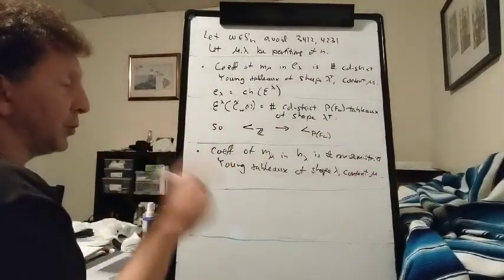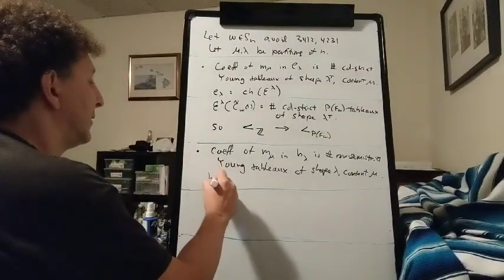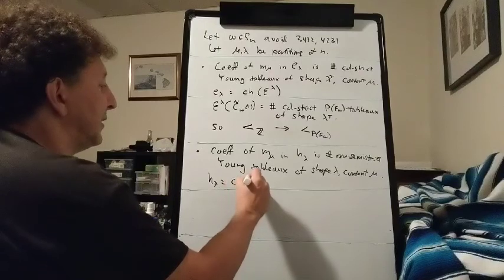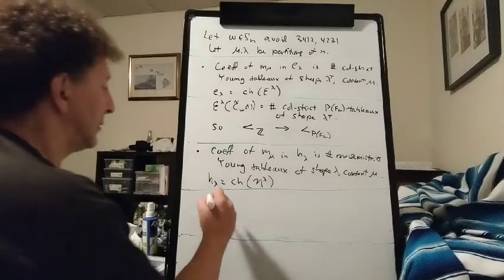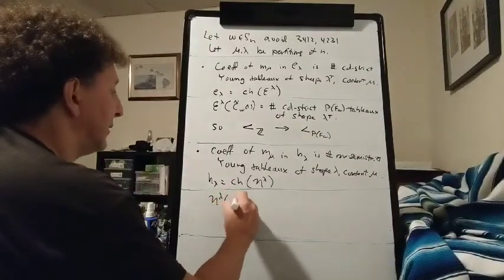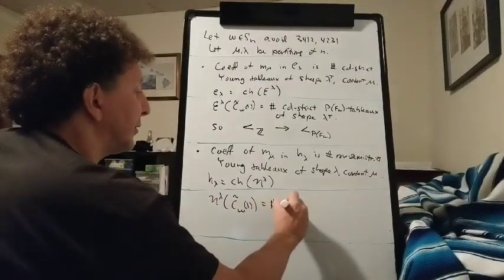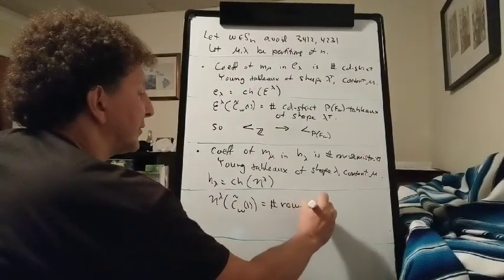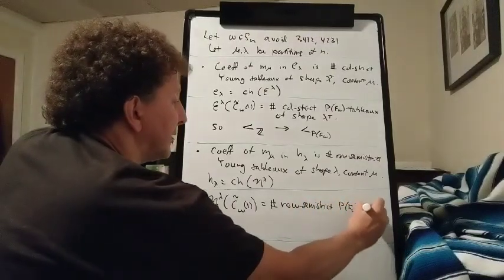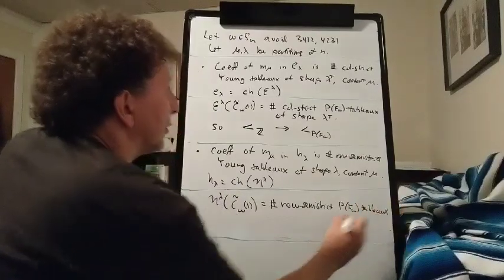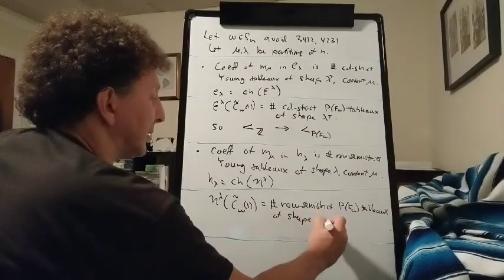So content mu means mu_1 1s, mu_2 2s, mu_3 3s, etc. h_lambda is the Frobenius characteristic of the induced trivial character, eta_lambda. And eta_lambda, evaluated at the Kazhdan-Lusztig basis element C_w, is the number of row semi-strict P-F_w tableaux of shape lambda.